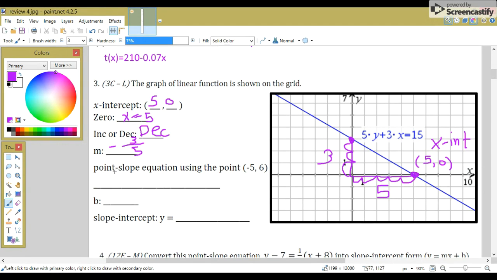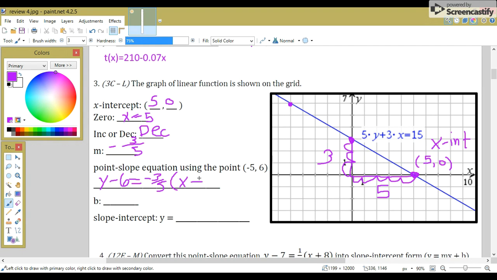Let's write a point-slope equation using the point -5, 6. So that's this point right here that we're going to use. So we have y minus y1, which is 6, equals your slope m, negative 3 over 5, parentheses, x minus negative 5.